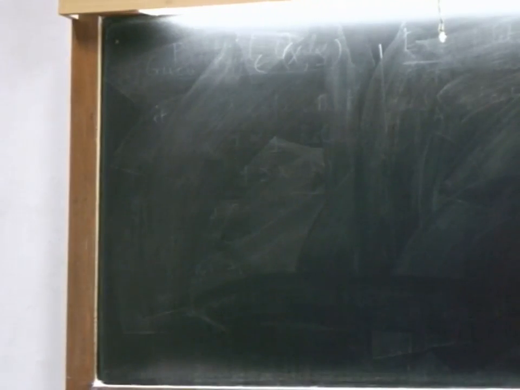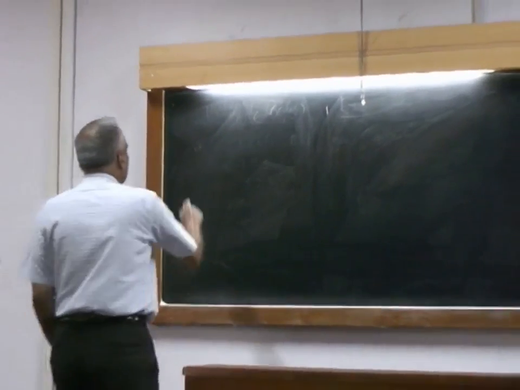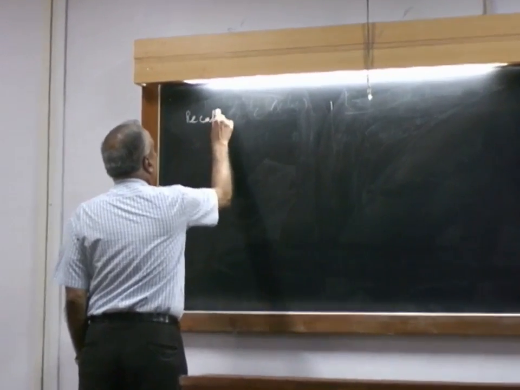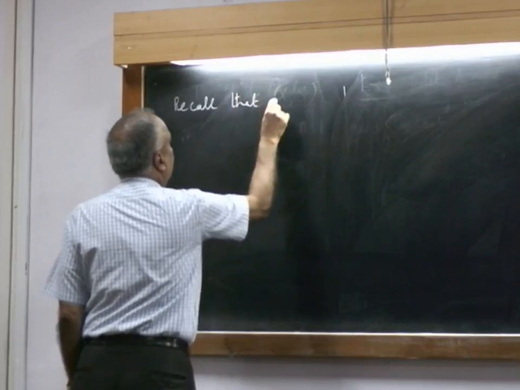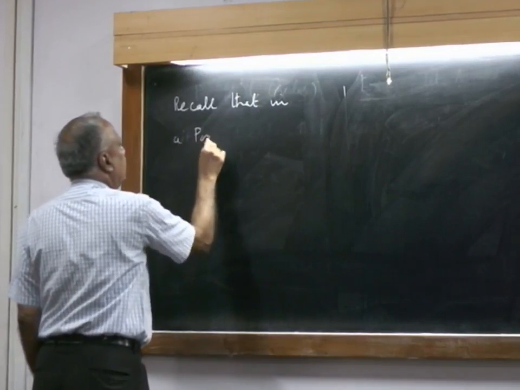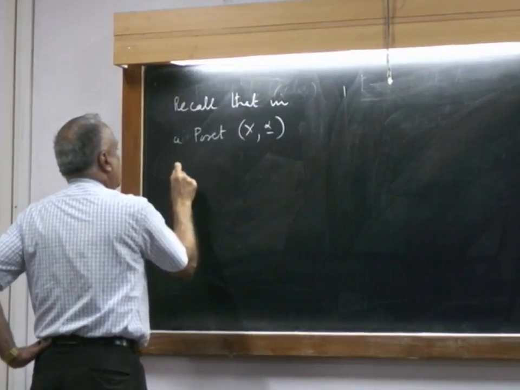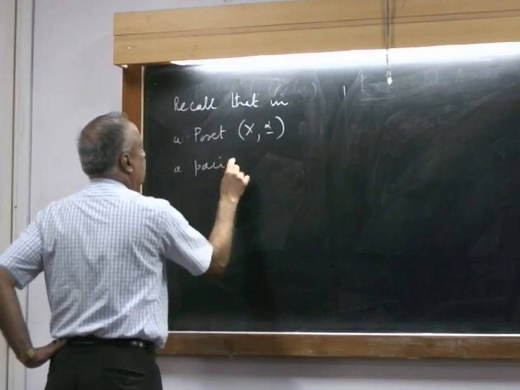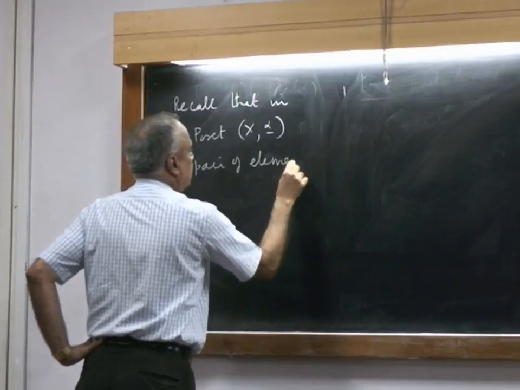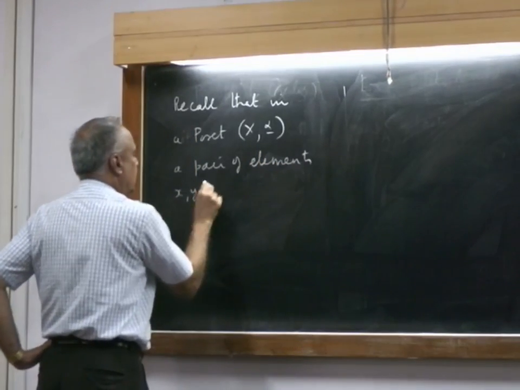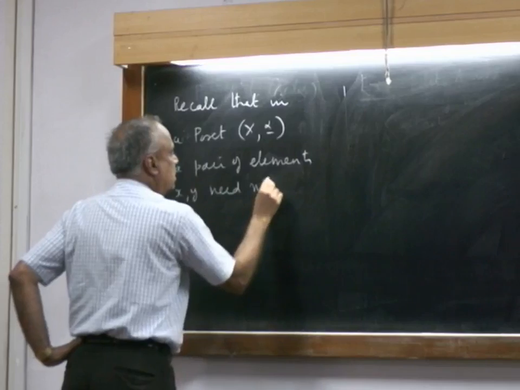Okay. We made one observation, namely that if you have a poset and you give me two elements in that, it is not necessary they are comparable. So, recall that in a poset X, a pair of elements x, y need not be comparable.